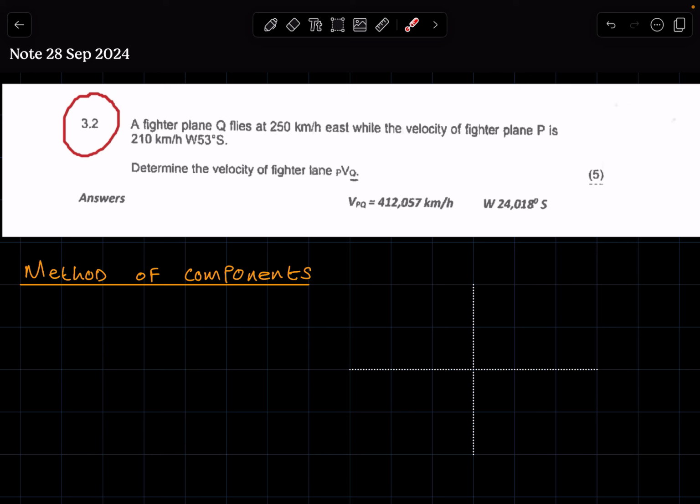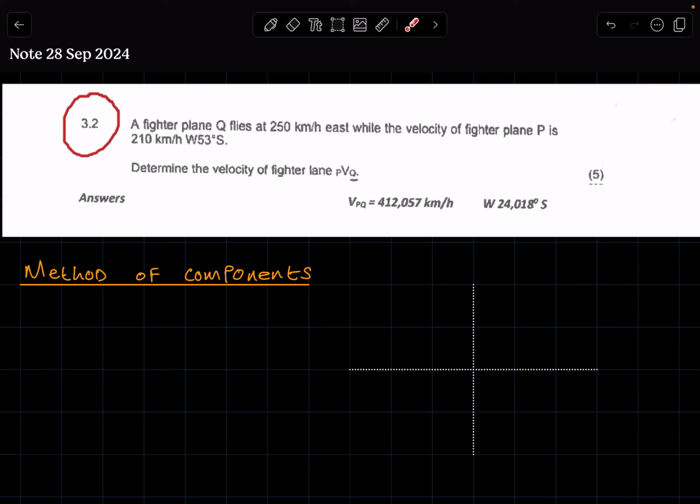The second is the vector diagram method, also known as the parallelogram method. I'm going to be using both methods in solving the problem we are looking at currently. For this video though, I'll be using the method of components.